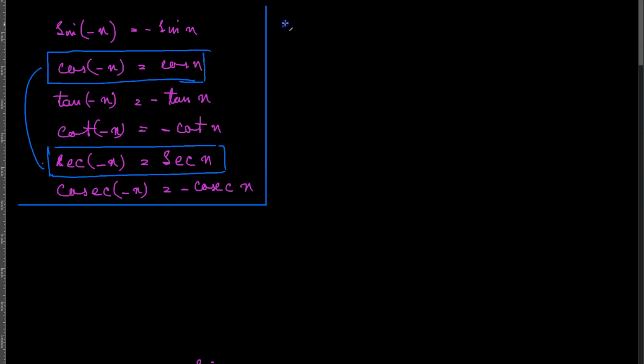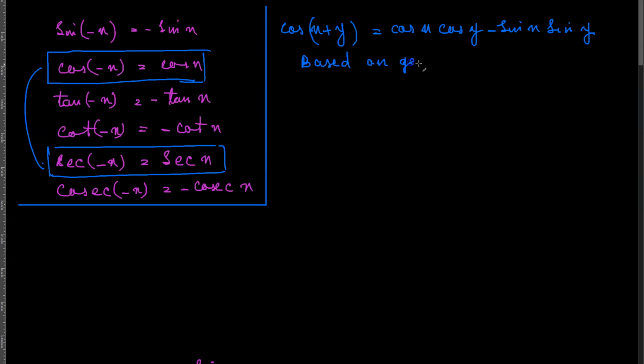So we know that cos of x plus y is equal to cos x cos y minus sin x sin y, right? And we know this based on geometric or construction proof.